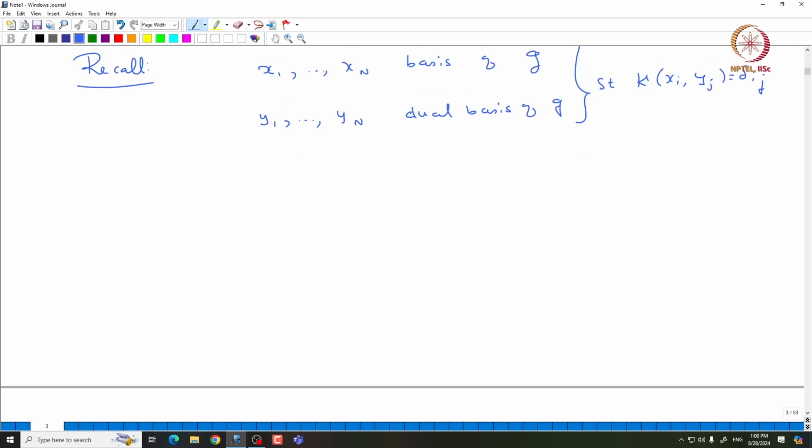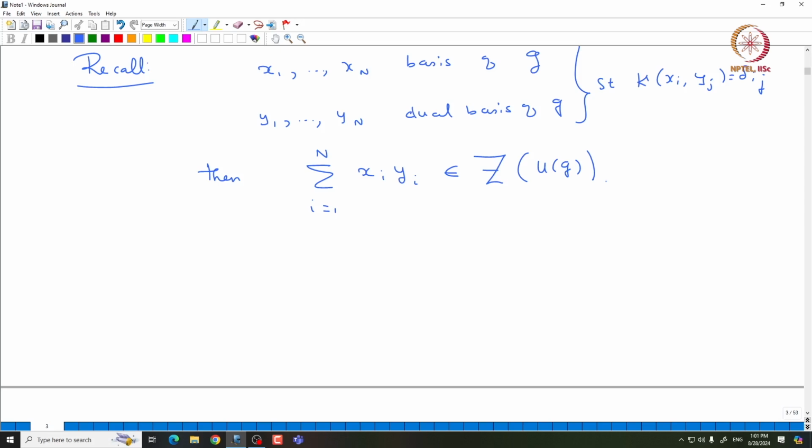Now once we have this basis, what we proved earlier is that the sum over 1 to n of xi yi, an element of the universal enveloping algebra, is in the center of the universal enveloping algebra. This is something we have already proved. These elements are called Casimir elements.